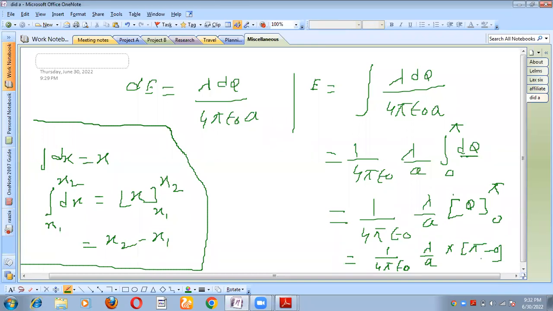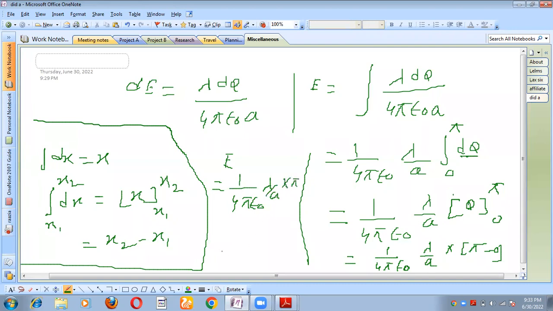So what will be the value we get? We will get the value as E equal to 1 by 4 pi epsilon naught lambda by a into pi.